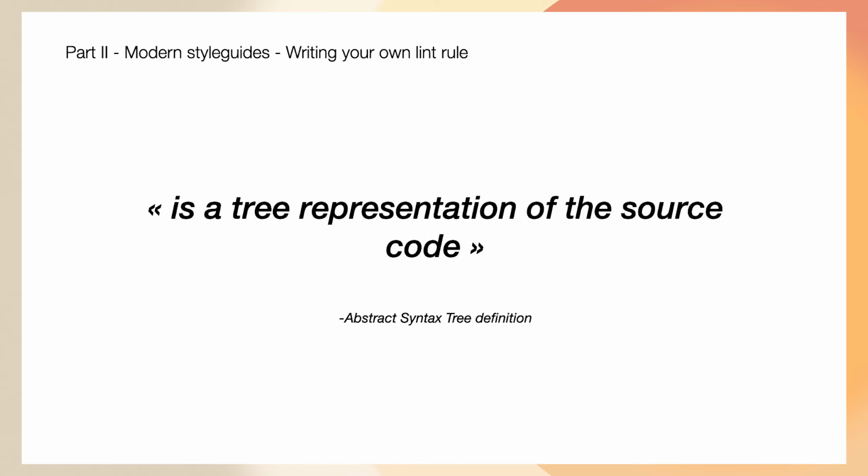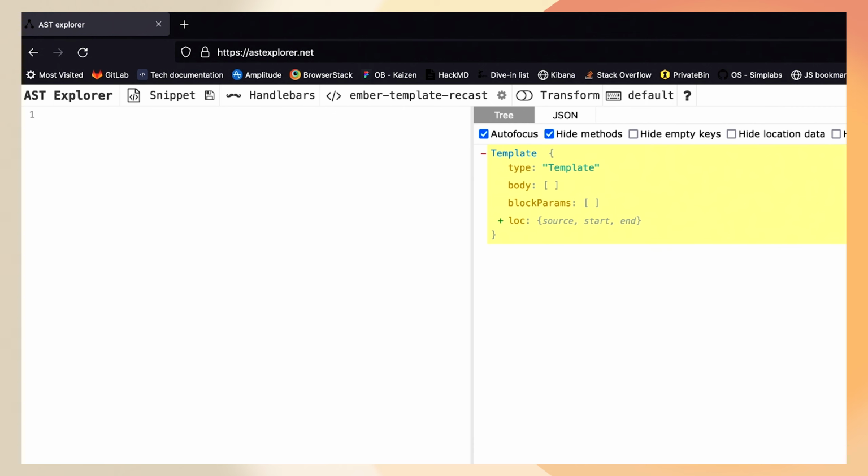Let's do some practice. For this, we will use a tool that is called AST Explorer. And we'll have on one side the code that we produce, and on the other side the AST translation. You can see that it's in real time, so when I write code on the left, it will instantly be reflected on the right, and we'll be able to explore it.